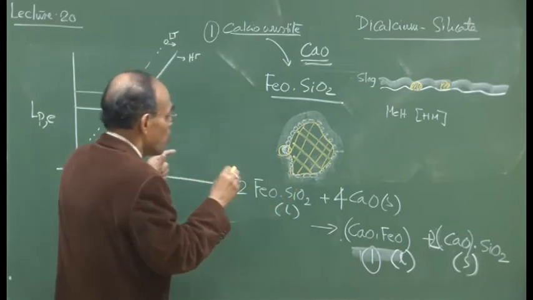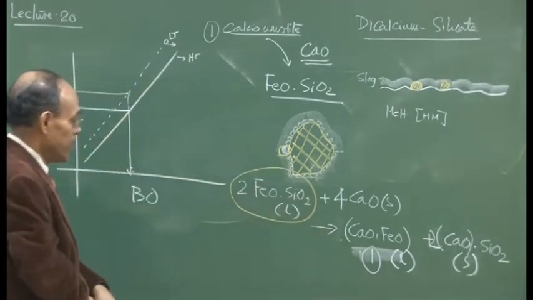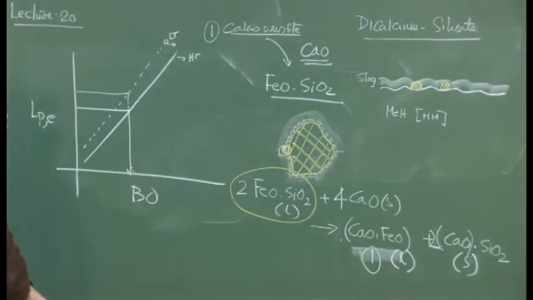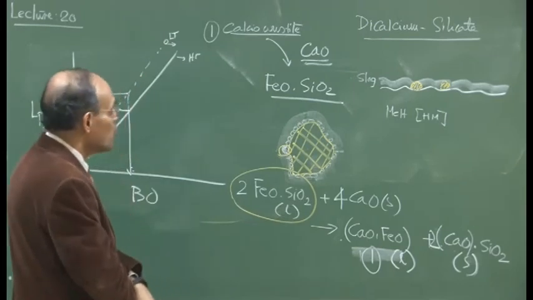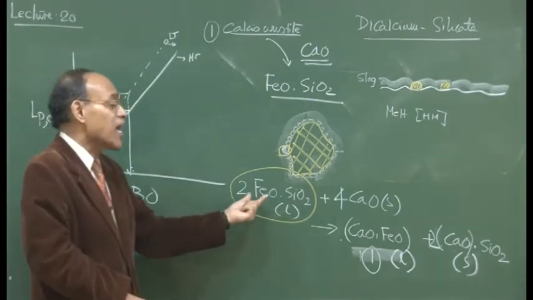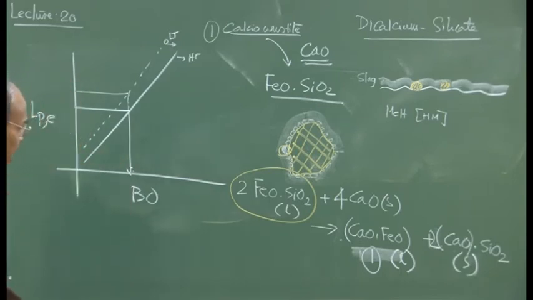So that is not going to be an issue, but the more the concentration of FeO in the system, or FeO-SiO2, the chances of lime dissolution in the presence of a large iron silicate slag are going to be greatly hampered.